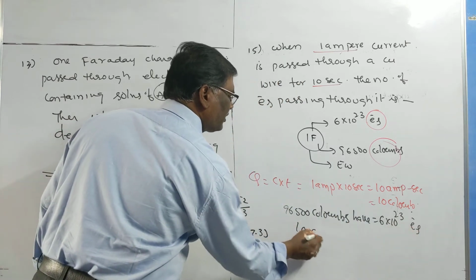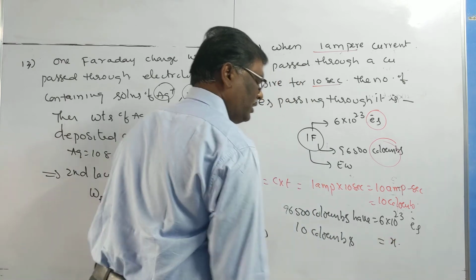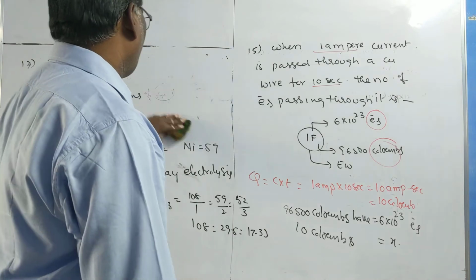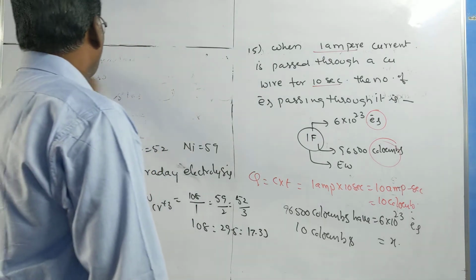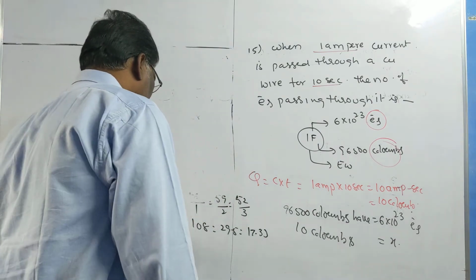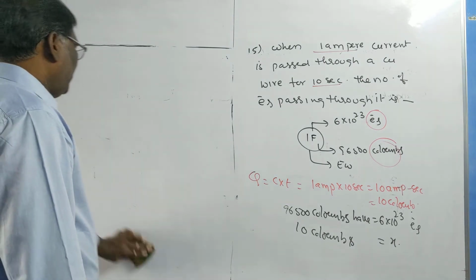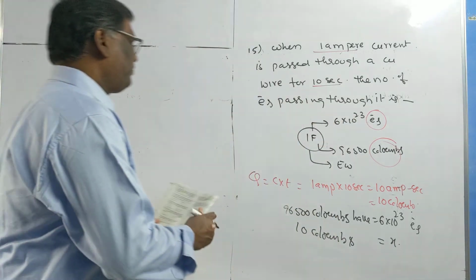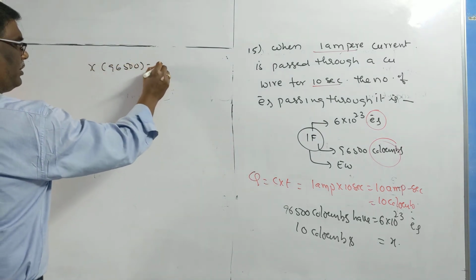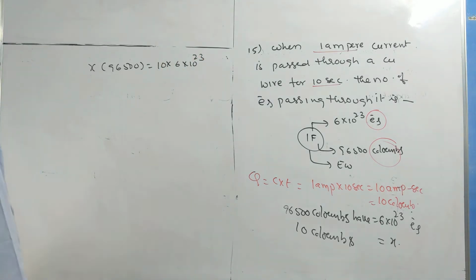Now you are asking for 10 coulombs. For 10 coulombs, let us say X. Now make cross multiplication. On cross multiplication, we will get X value. X into 96500 is equal to 10 into 6 into 10 power 23.